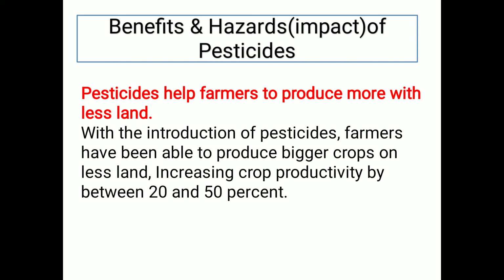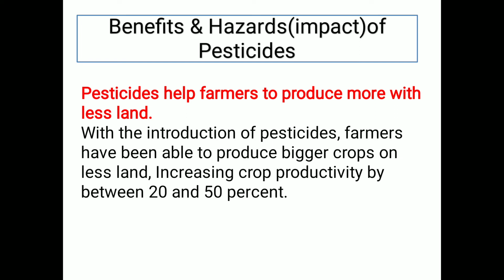As we know, when pesticide was introduced, in between 1948 to 1953, our food grain production was near about 50 million tons.